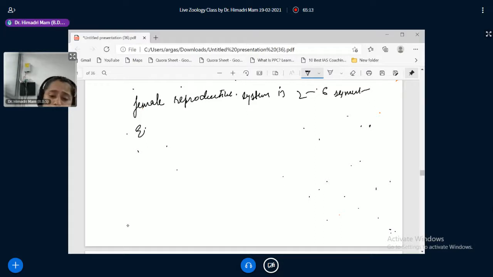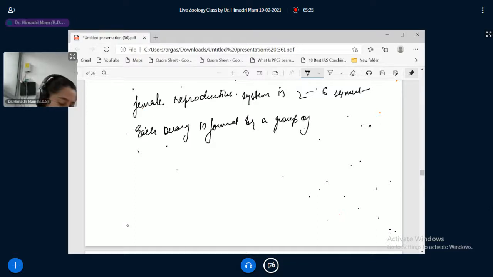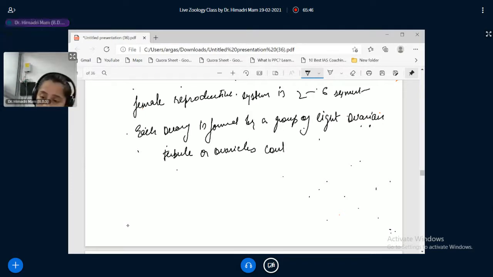Each ovary is formed by a group of 8 ovarian tubules, right, or ovarioles, containing a chain of developing ova.